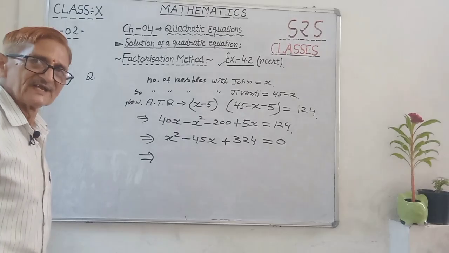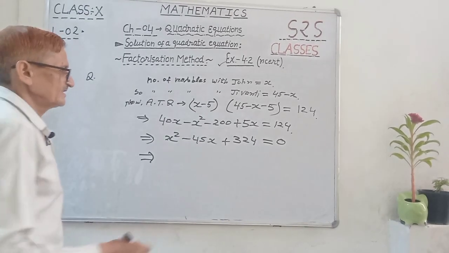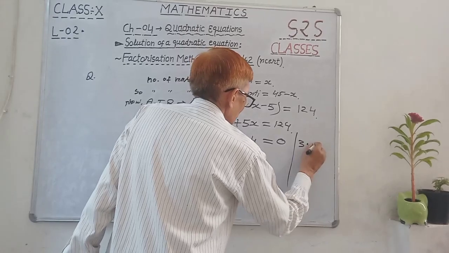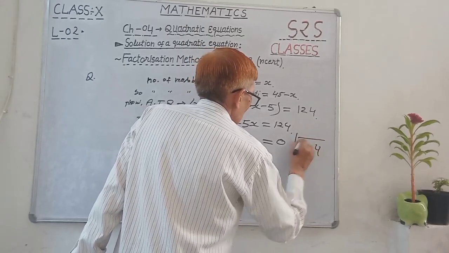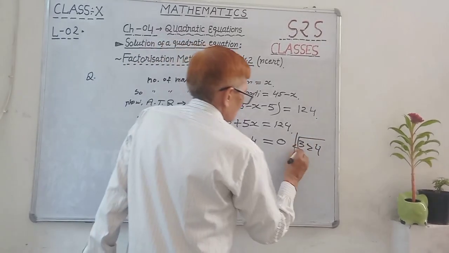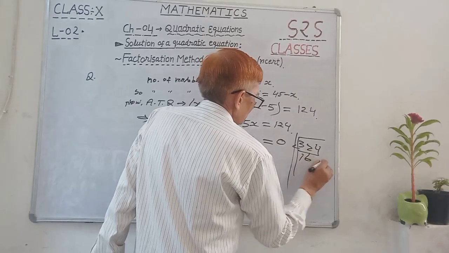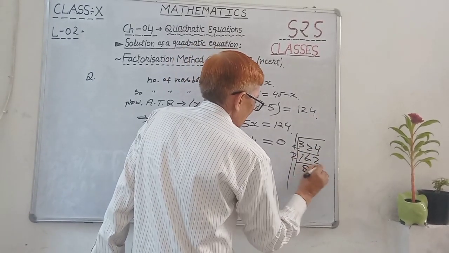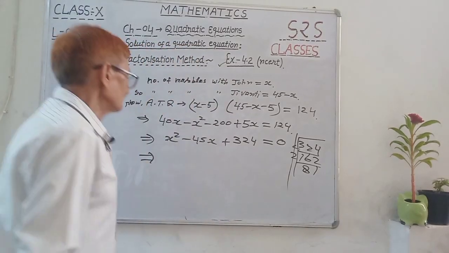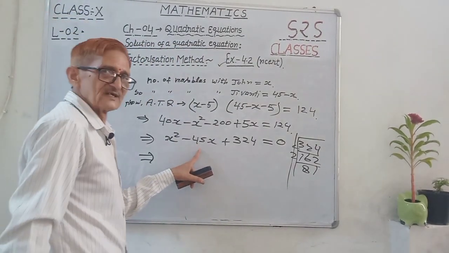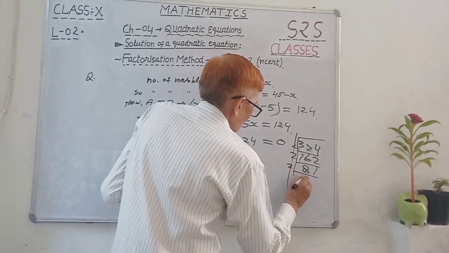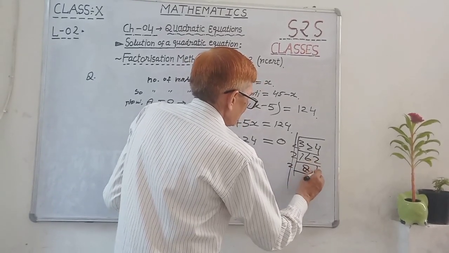Use the middle term splitting, factor method. Take 324. If you find the factors of 324: 2 1s are 2, 2 6s are 12, 2 2s are 4, 2 8s are 16. You want 45 as the sum.